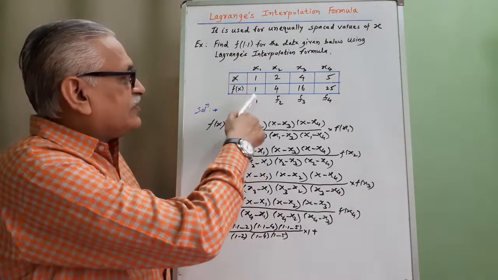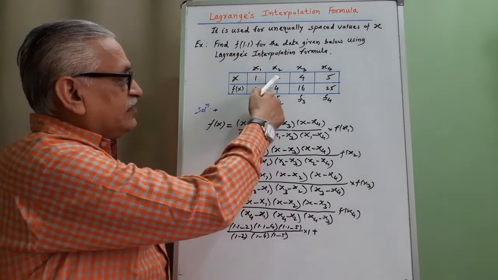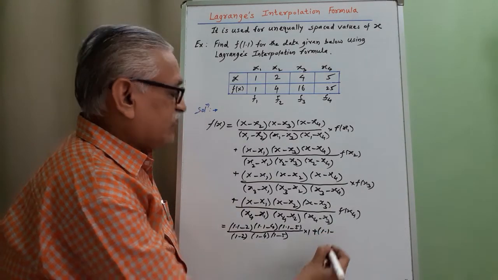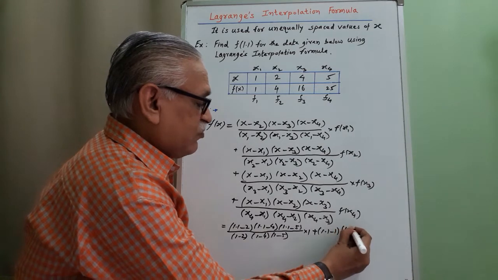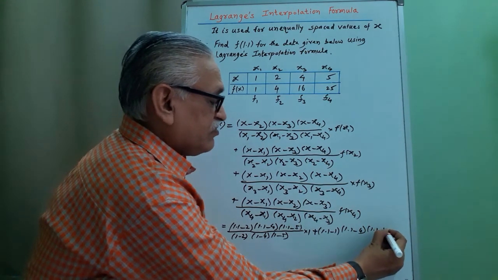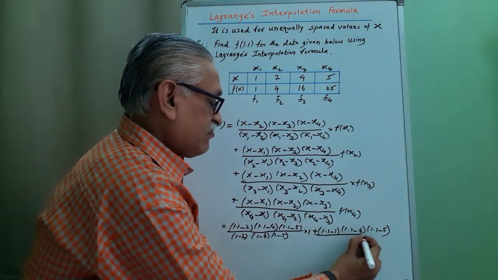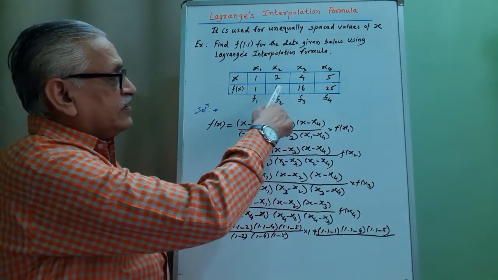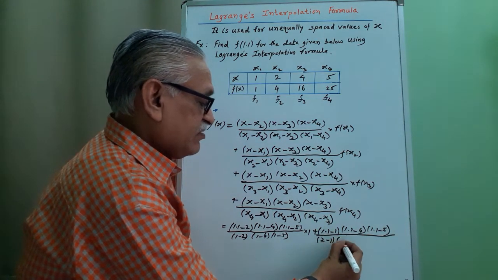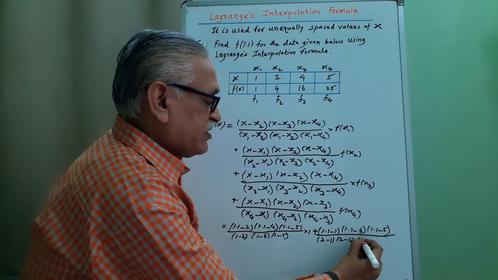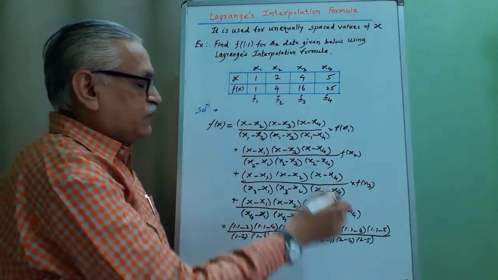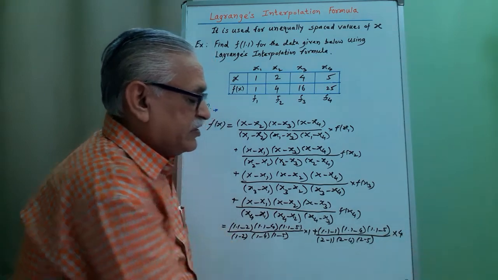Plus, the second time, it is x minus x1, neglecting x2, meaning 1.1 minus 1, 1.1 minus 4, 1.1 minus 5, divided by the neglected point, here 2, therefore 2 minus 1, 2 minus 4, and 2 minus 5, into f2, the value of f2 is 4, into 4.